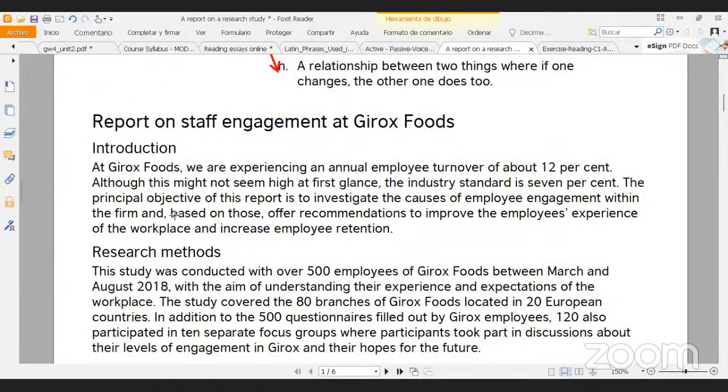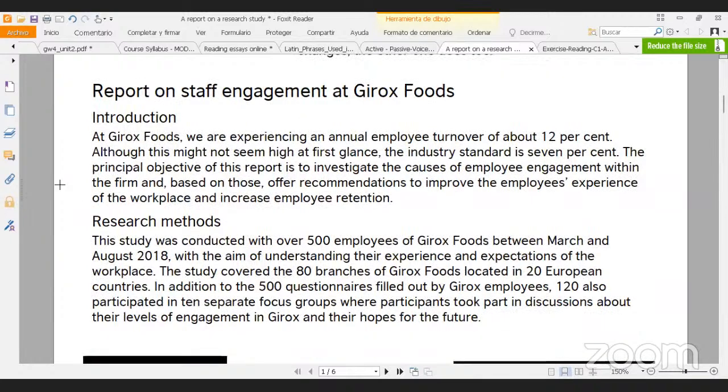So now let's get into the text. Report on staff engagement at Xerox Foods. And we have an introduction. Let's read. Mauricio, can you help us with the intro? At Xerox Foods, we are experiencing an annual employee turnover of about 12%.